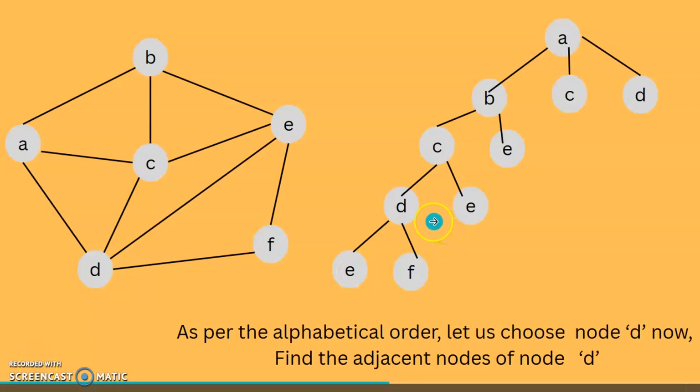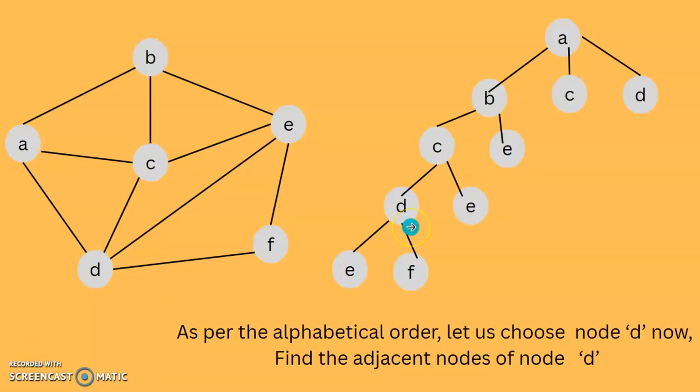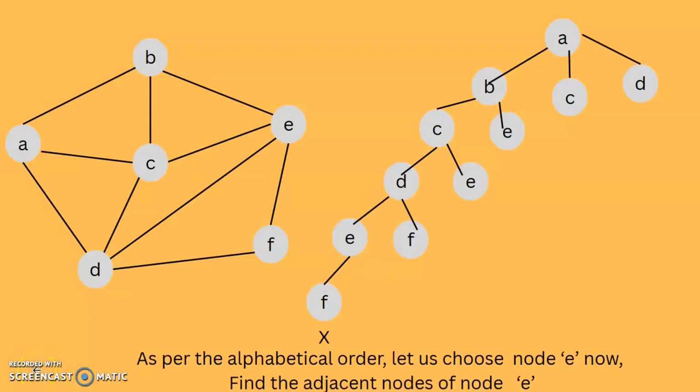Again, out of node D and E, as per the alphabetical order, let us choose the node D now and find the adjacent nodes of D. Adjacent nodes of D are C, A, E, F. All these nodes are adjacent to D, but C already comes here and A already comes here, so you put E and F. These two nodes are not appearing in this path from A to B, B to C, C to D. Out of these nodes E and F, let us choose the node E as per the alphabetical order.